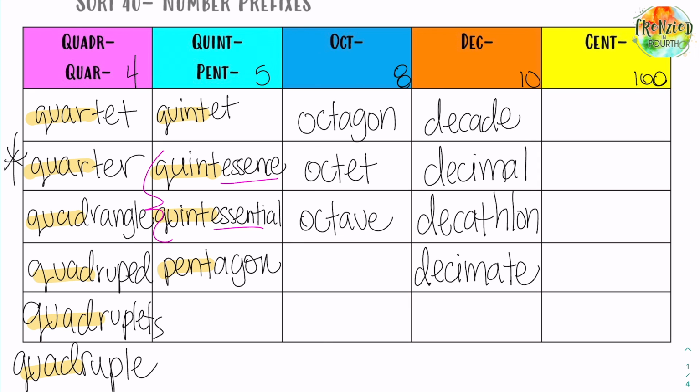And then decimate. All right, we're going to look at our 5th and final category, which is cent, C-E-N-T, the Latin prefix for 100.